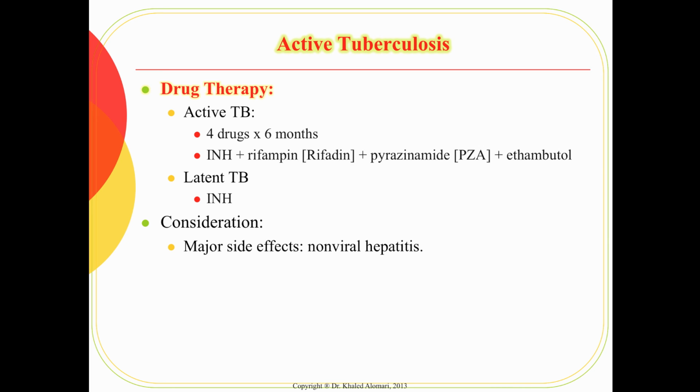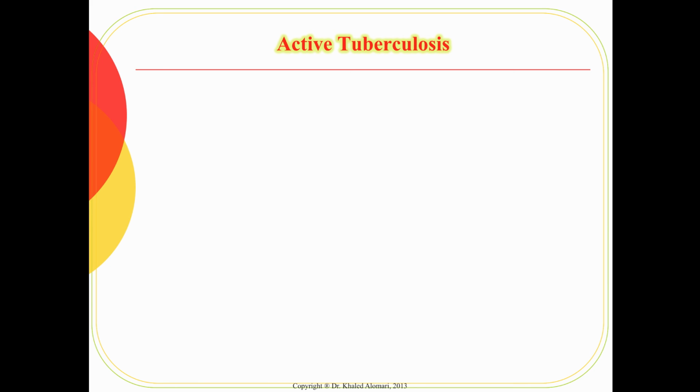It's inflammation of the liver that's not caused by a virus but basically is a reaction to this medication. As you see, the medication regimen goes between 6 months to 9 months, so adherence is a problem. It's something that we want to find different ways to encourage the patient to adhere to this medication and finish it.